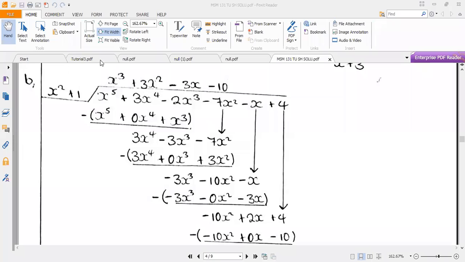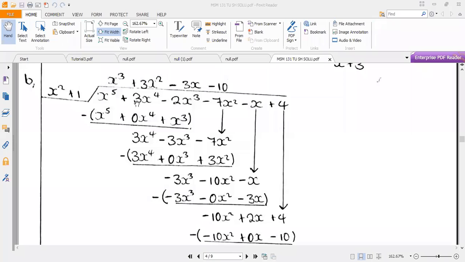Oh, okay. So this is the part. We said x to the power 5 divided by x squared is x power 3, isn't it? So after we get the x power 3, we say x power 3 times x squared will give us x power 5. And x power 3 times 1 will give us x power 3, isn't it?